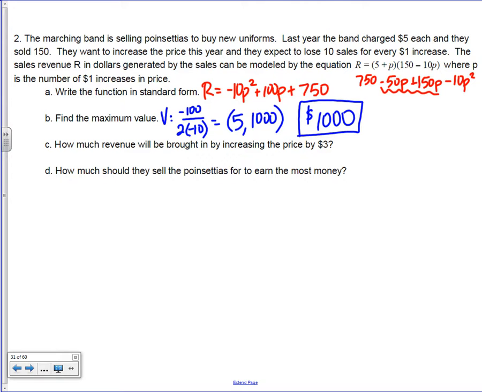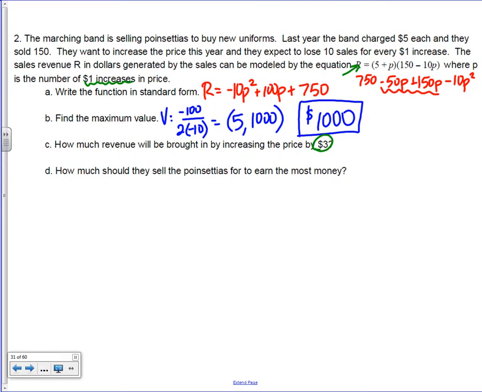How much revenue will be brought in by increasing the price by $3? Okay, now remember, we're doing $1 increases. If I'm going up by $3, that is 3 $1 increases. So I am going to have to plug in 3 into the original function or into my standard form.